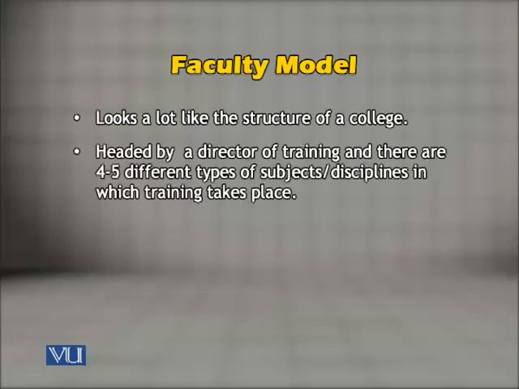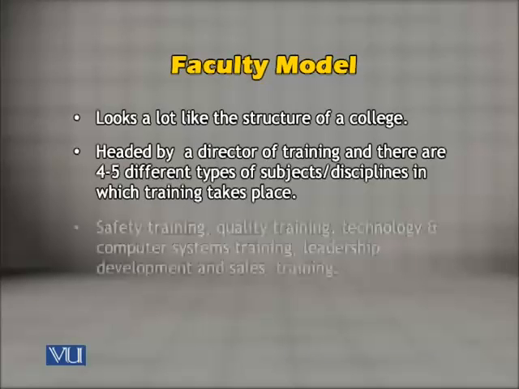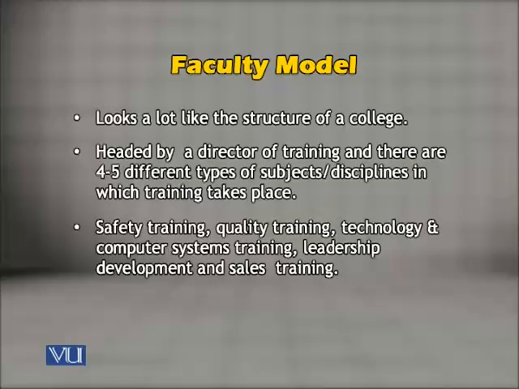As you can see, this is headed by a director of training, and there are 4 or 5 different subjects or disciplines in which the training takes place. These subjects or disciplines are safety training, quality training, technology and computer systems training, leadership development, and sales training.